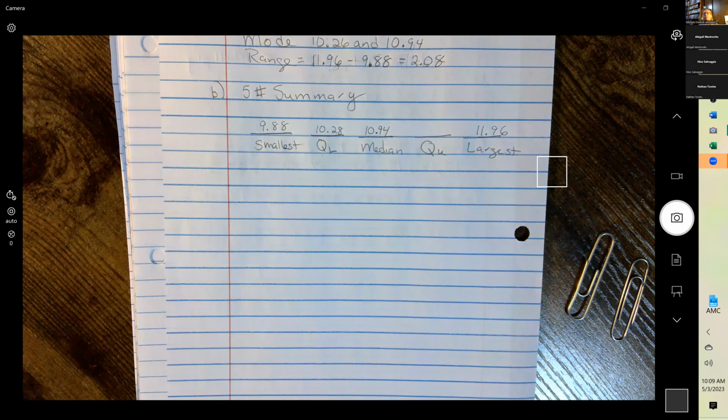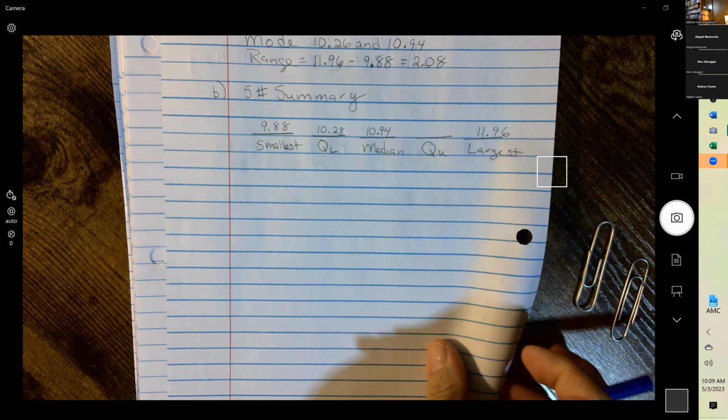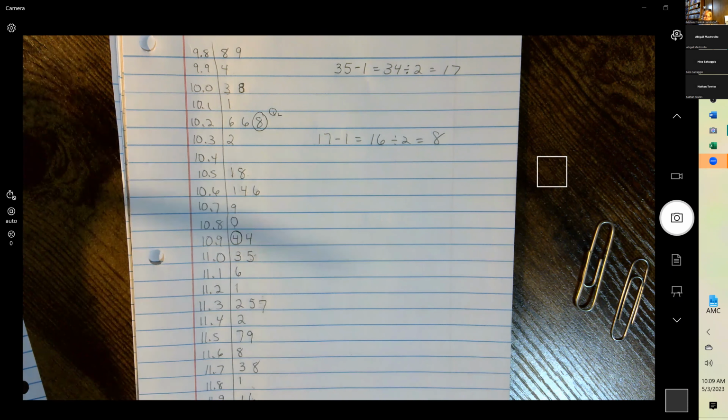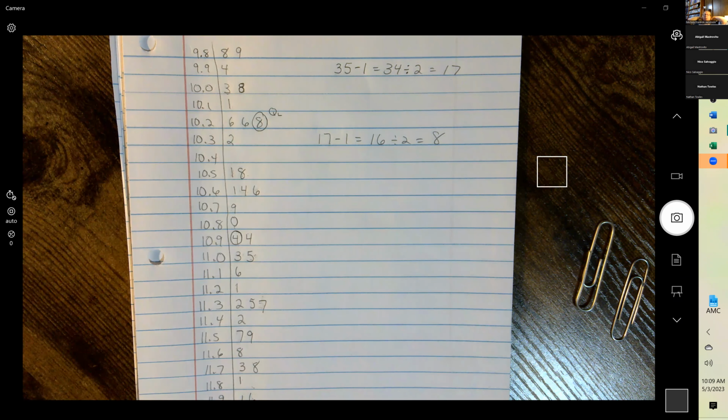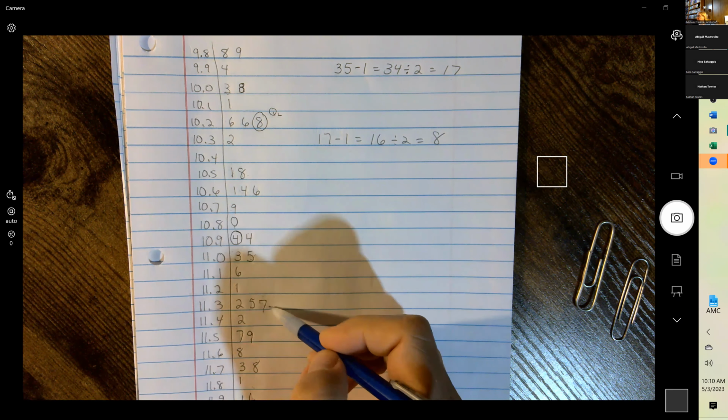Any questions? What would the upper quartile be? Yes, 11.42. 1, 2, 3, 4, 5, 6, 7, 8.